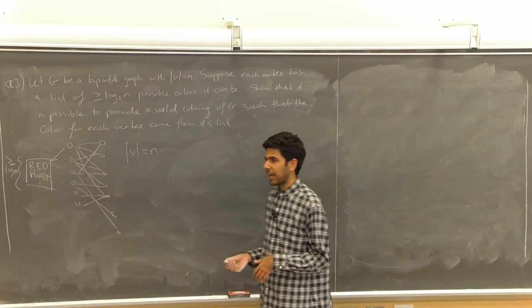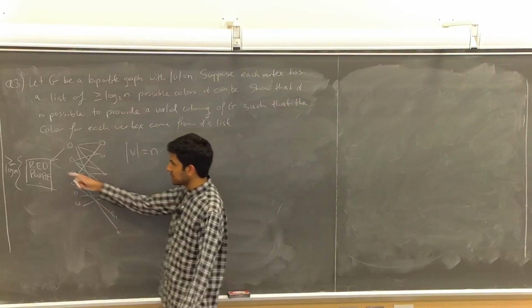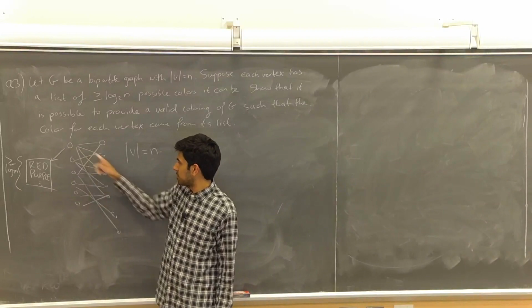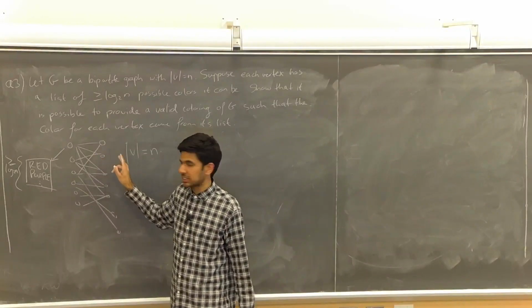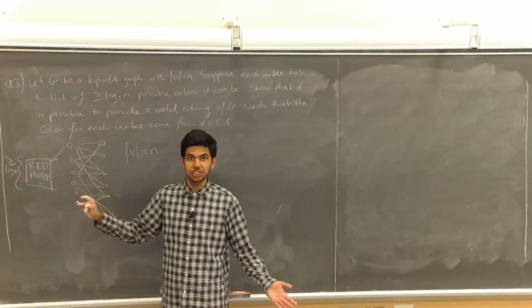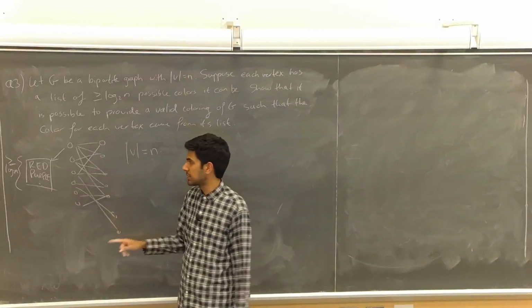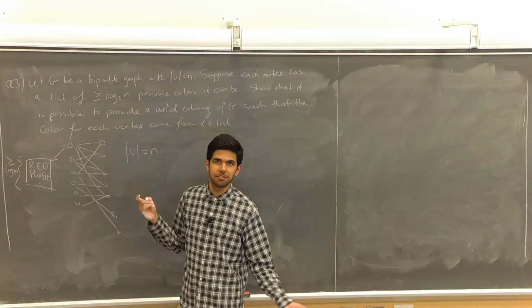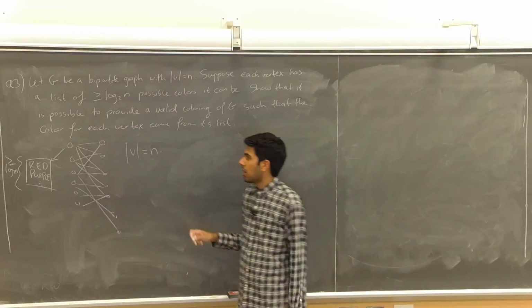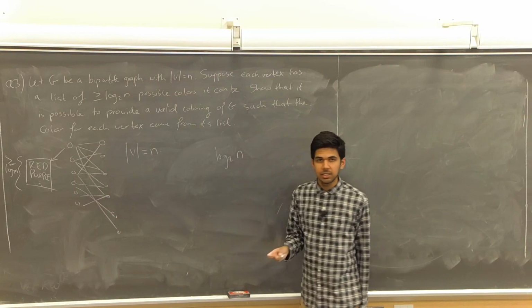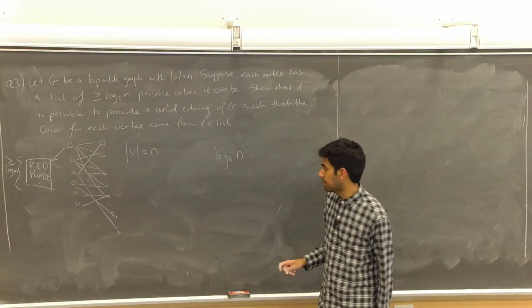The reason for that is because we don't really know what these lists of colors look like. If I look at two vertices and look at their lists, the lists could be identical to one another, meaning that they have the exact same possible colors, or they could be vastly different from one another. On top of that, log base 2 of n is actually a very small number.